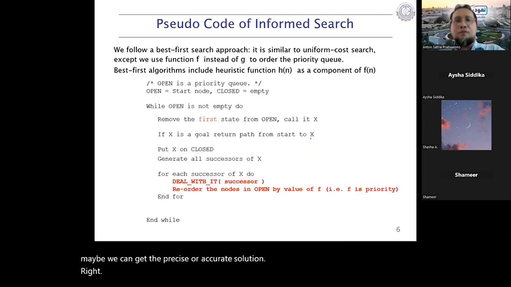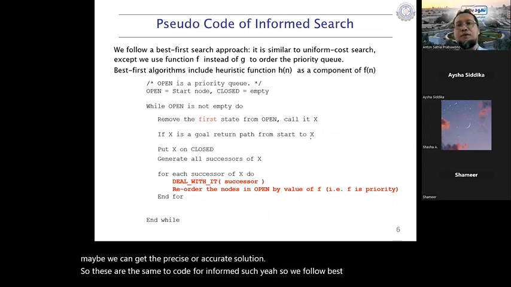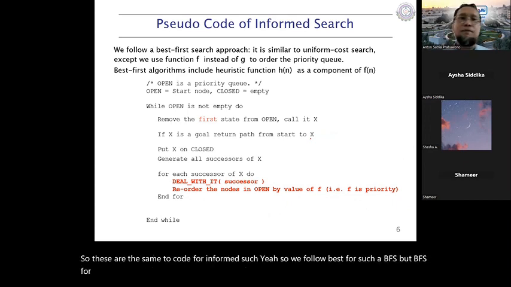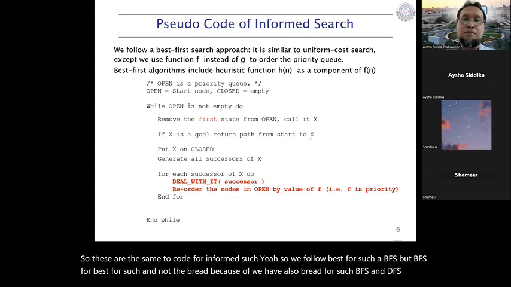So this is the pseudocode for informed search. We follow best first search, BFS, but BFS for best first search, not breadth first search. We have BFS and DFS, but this is the best first search approach.